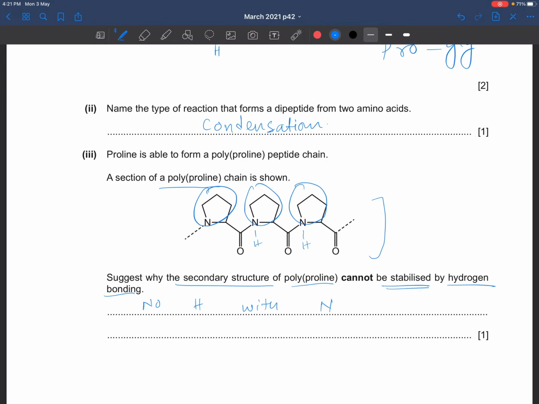For hydrogen bonding, we require a set distance, but as we have these bulky groups present, they occupy more space, so that's why it cannot form hydrogen bonds, right? So more bulky groups attached.